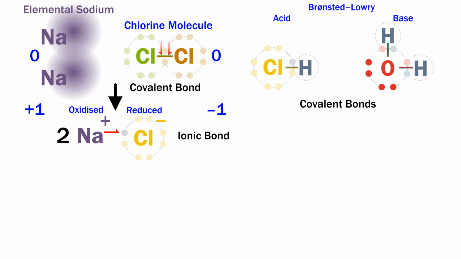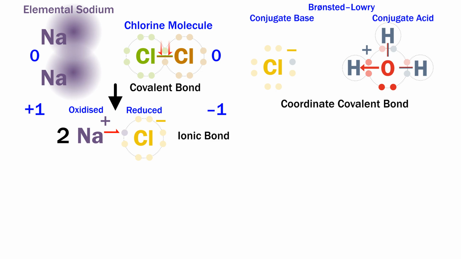Next, we'll look at a Bronsted-Lowry acid-base reaction. Hydrogen chloride, unlike sodium chloride, is covalently bonded, although in a polar fashion. The acid is a proton donor, and the oxygen in the water accepts the proton on its unbonded electron pair, sharing its electrons in a coordinate covalent bond.